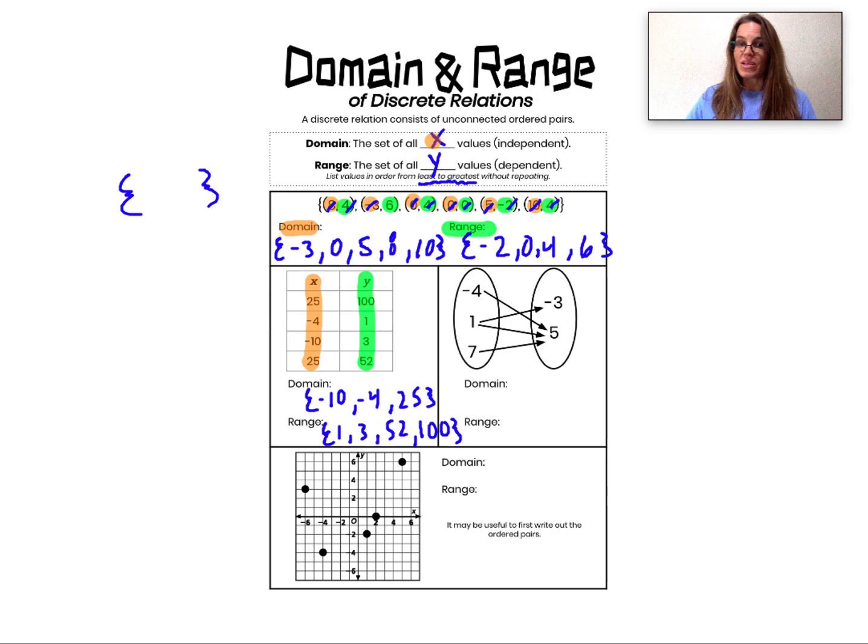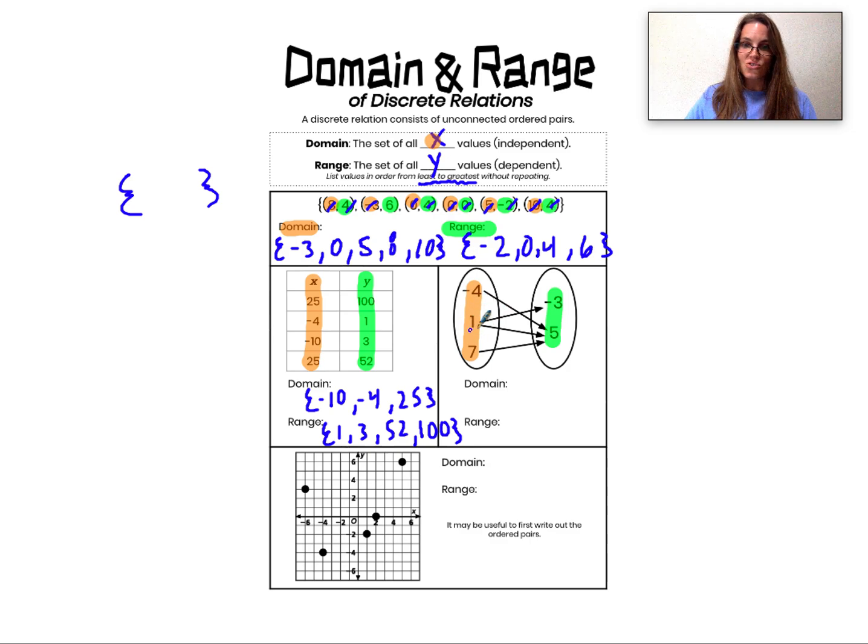Moving on to an example of a mapping. Just like a table, my x values are given on the left, my y values are given on the right. The mapping, however, is even easier than a table, and it's in fact the very easiest representation to write the domain and range from. In a mapping, we already write our values from least to greatest, and in a mapping, we don't repeat values.